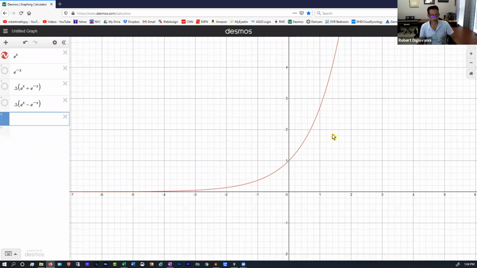And there's something about this function that's very special. Let's see if we can talk about what makes this function so great. So let's say I were to go to some arbitrary x value.